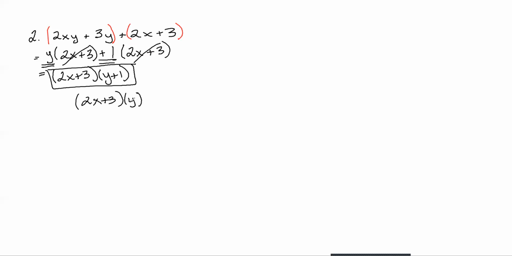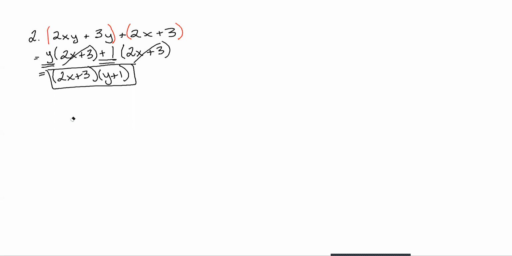If we do that, then we have 2x times y, which is 2xy, and 3 times y, which is 3y, but then we're missing these last two terms completely. So make sure that you put that 1 there. It's really important. That's another reason why checking your answers is important. It's really easy to just kind of look over that 1.